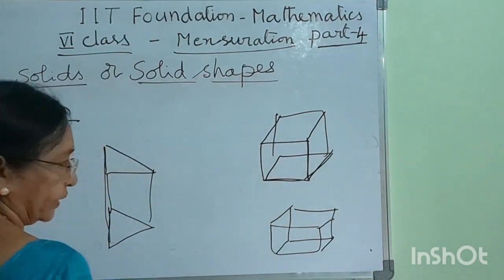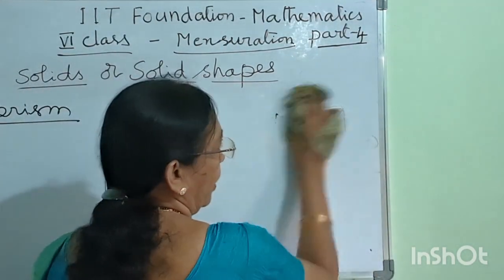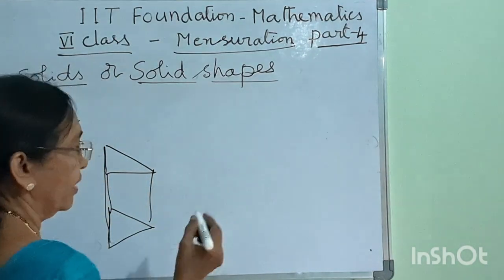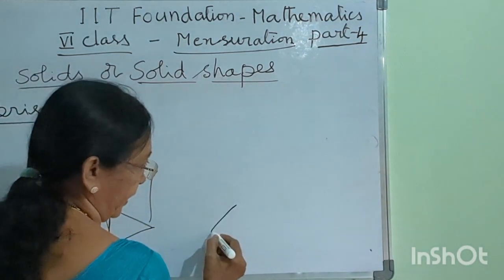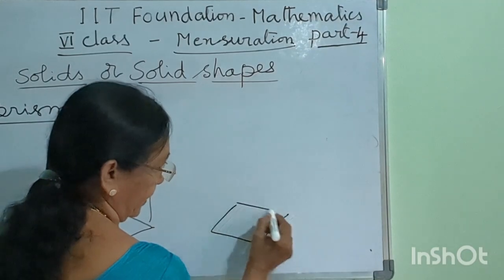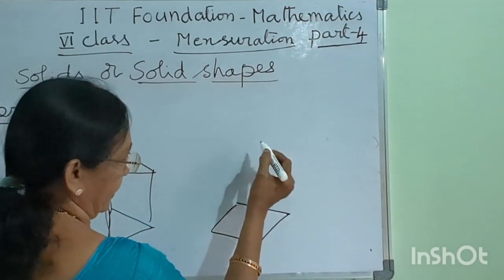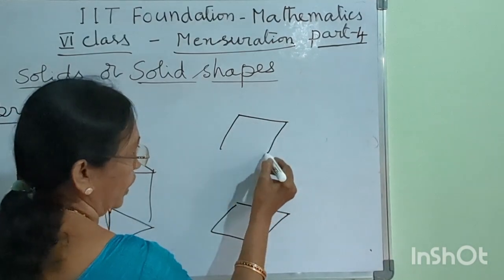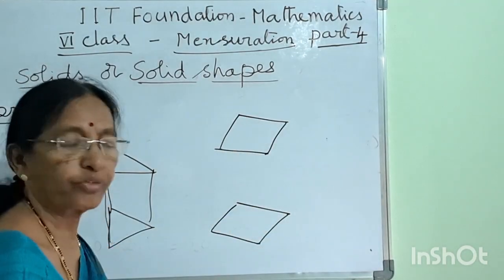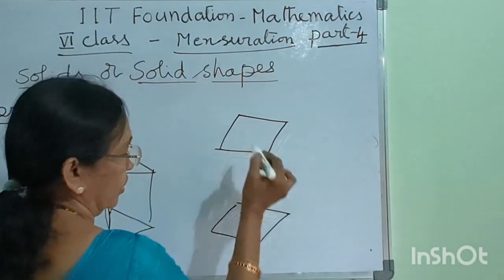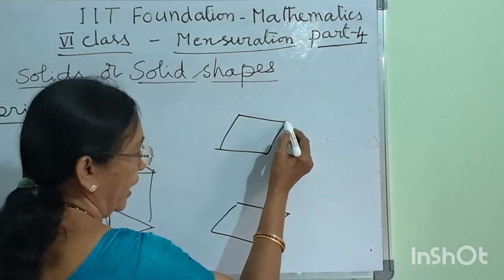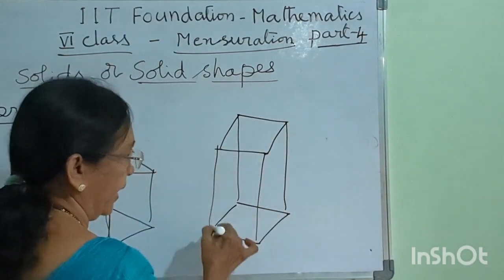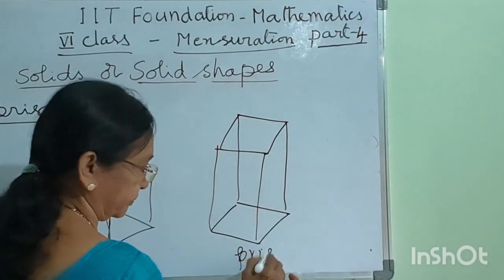So the bottom and the top are identical or congruent to each other. For example, we take another, this is a quadrilateral, and this is another congruent, equivalent or identical quadrilateral, and the vertices are joined, and this is a prism.